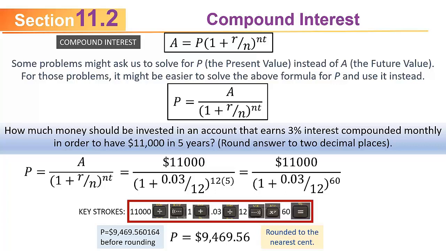And again, it seems fairly reasonable that you start off with a little less than $9,500, and 5 years later you end up with $11,000. That doesn't seem to raise any red flags in my mind, so I'll accept that answer.